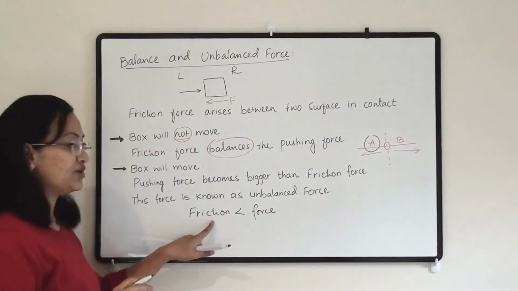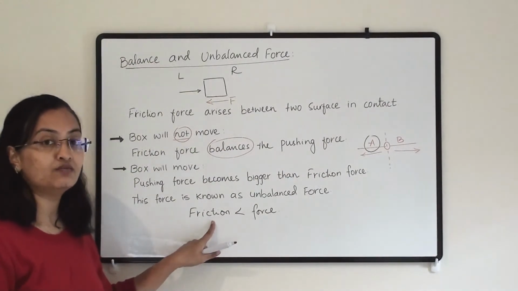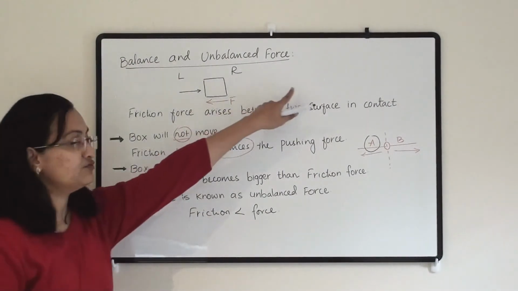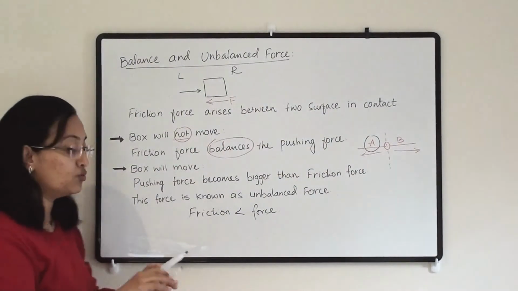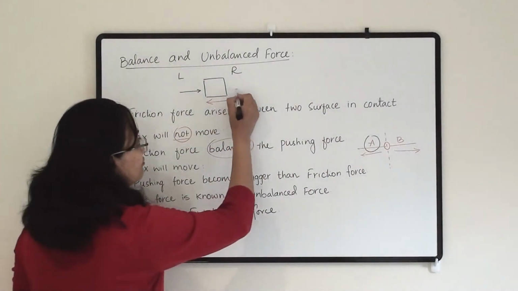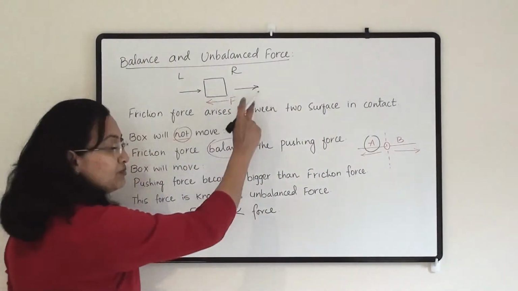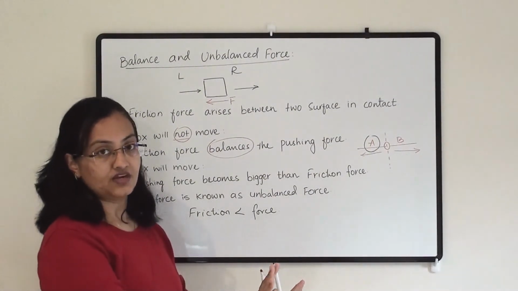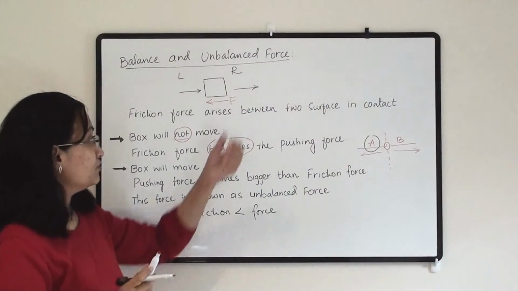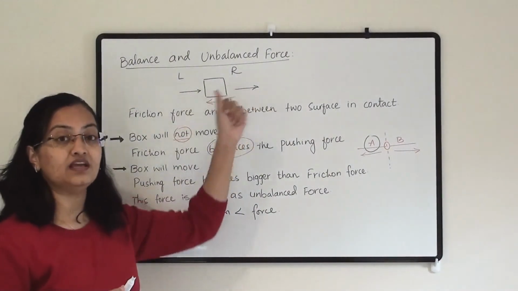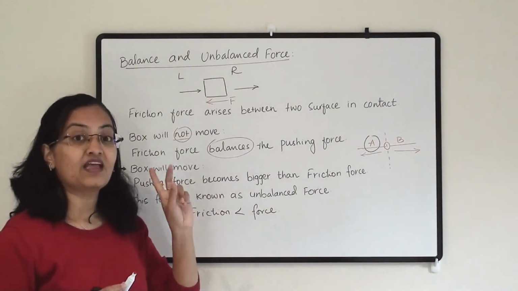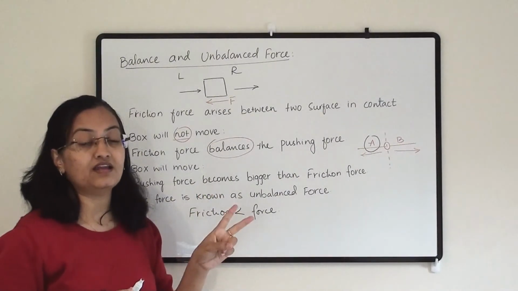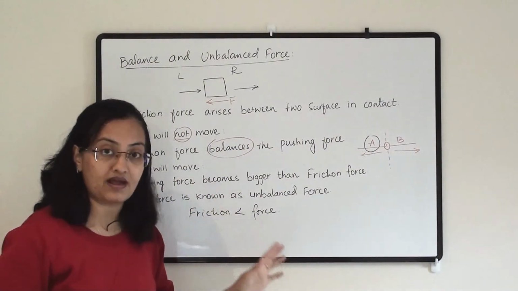In that situation the box will move, and in which direction? It will move in this direction. It will move in the opposite direction of the friction force, and in the direction in which I wanted to move it, right? So it will be opposite to the friction force and in the direction of the force applied.